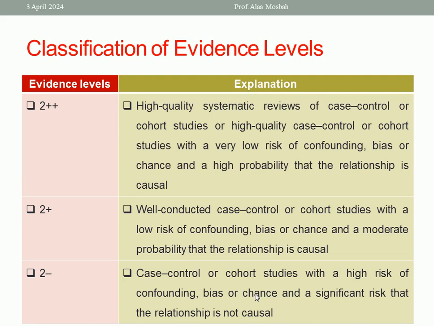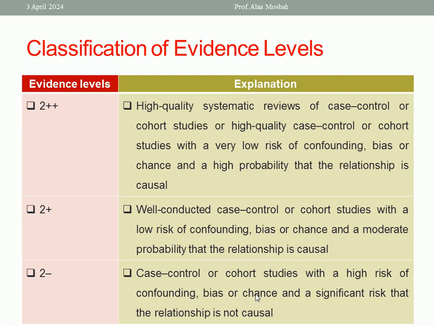Let us go to evidence level 2 plus plus. What is the explanation of this? High quality systematic review of case control or cohort studies, or high quality case control or cohort study with a very low risk of confounding, bias, or chance and a high probability that the relationship is causal. What about 2 plus?